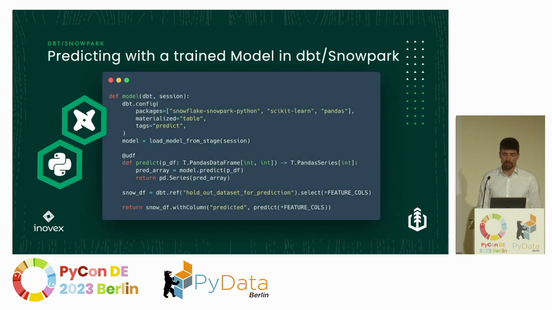So how does the inference look like? Again, we have another model, because we're going to do the inference and save the results in a new table. So we again define the packages we're going to need for this function. We load the model from the stage. We define a user-defined function.